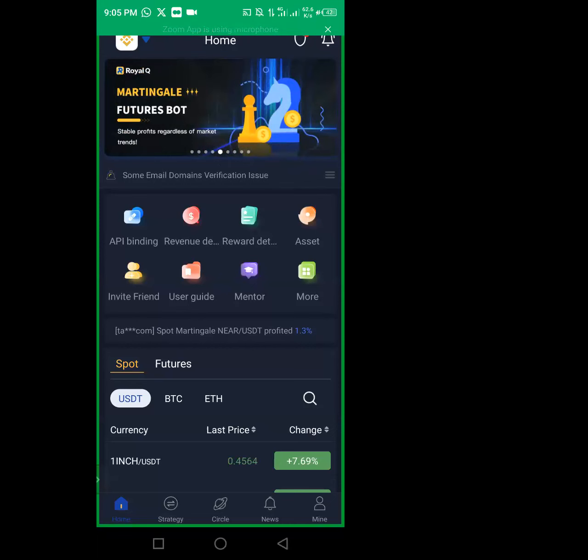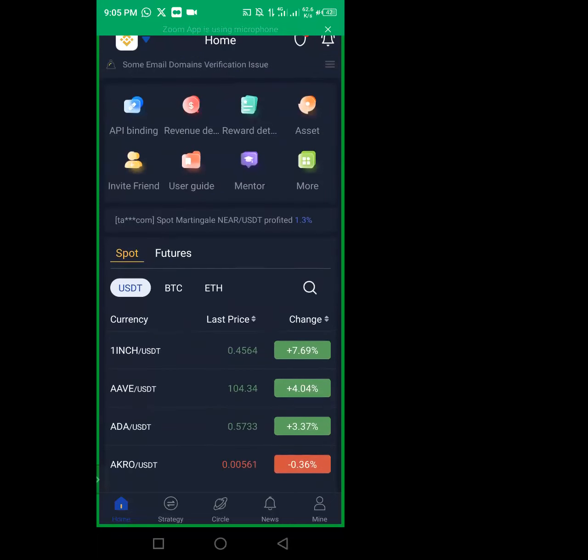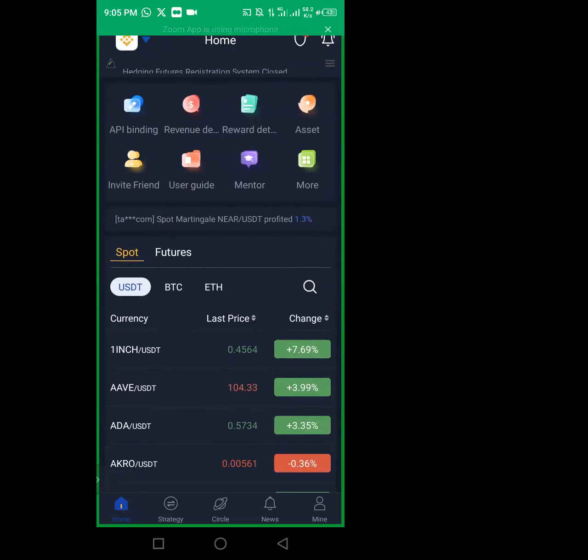So in Royalq, there's what we call the margin configuration. That is the basis on which Royalq was designed and developed. So what is margin configuration?